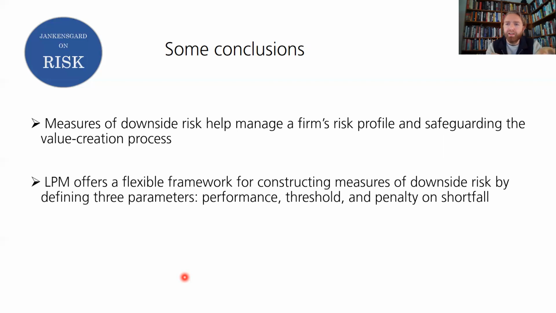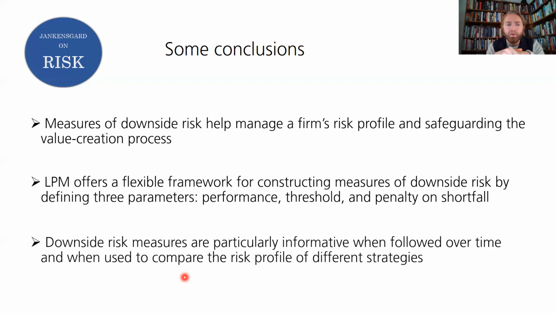It offers you great flexibility in designing a set of risk measures based on only three parameters. You choose a performance variable, a threshold, and a certain penalty. And those can be varied in a very flexible way. And these downside risk measures are particularly informative when followed over time to see trends in risk, and when you compare them to proactively evaluate different strategies.